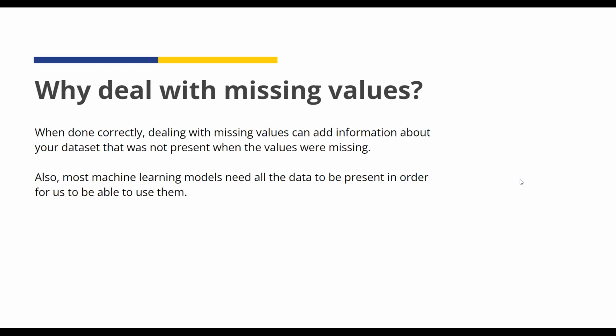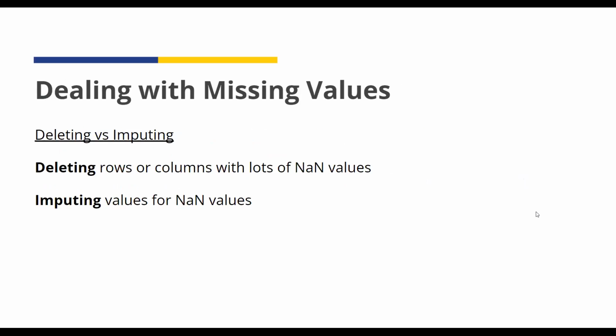Why do we deal with missing values? Well, a lot of the time our algorithms won't even process data that is missing any sort of information, right? If it encounters anything that's not present, it might not even work at all, which is obviously an issue down the line that we want to avoid. Dealing with missing values for our intents and purposes is relatively simple.